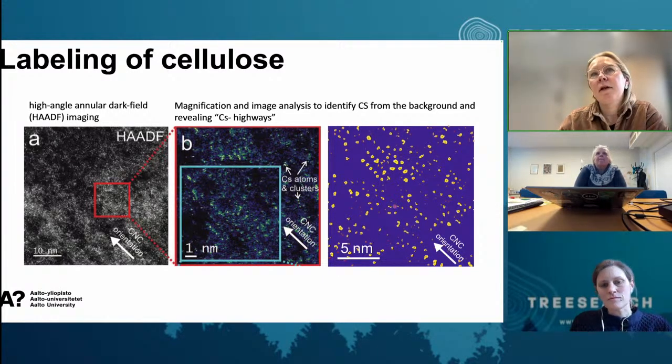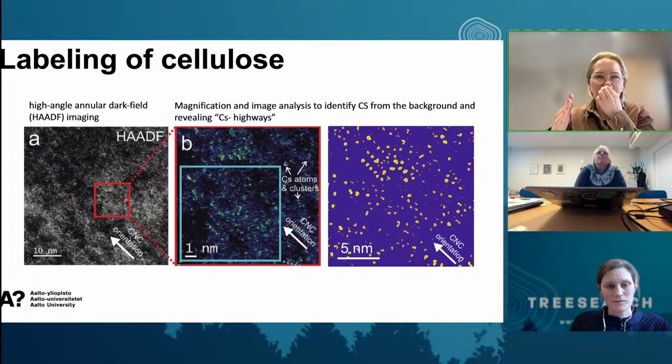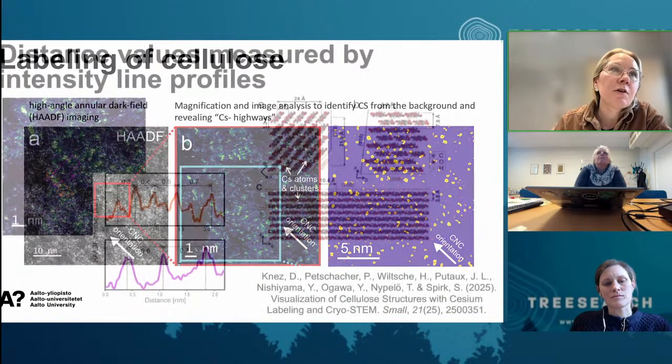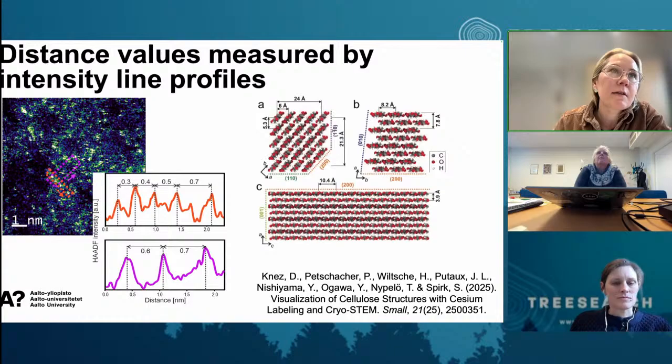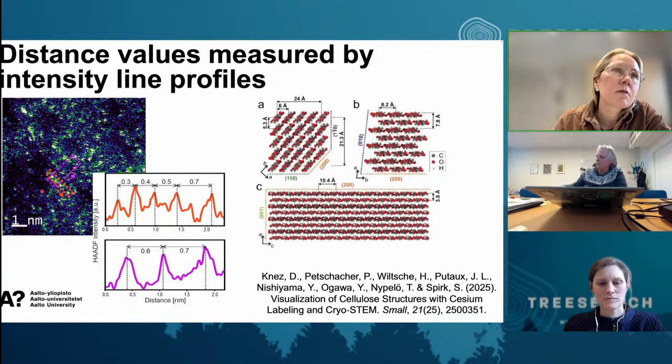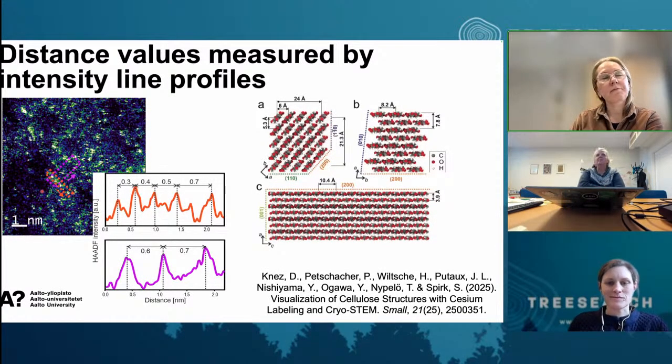Yes, exactly. Well, then we know where we have zoomed in, so we know how the CNCs would orient. Then here in this analysis, you can see that Daniel was measuring with the two directions. So this one would be more quantitative. Yeah. Thank you. I think it's really cool that you can see it like this.